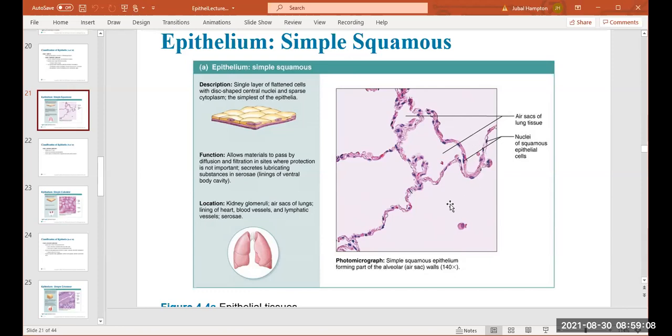The gas exchange occurs by diffusion. And of course, we absorb oxygen and exhale and release carbon dioxide. All of that has to pass across the squamous cell layer. More about the lungs later.